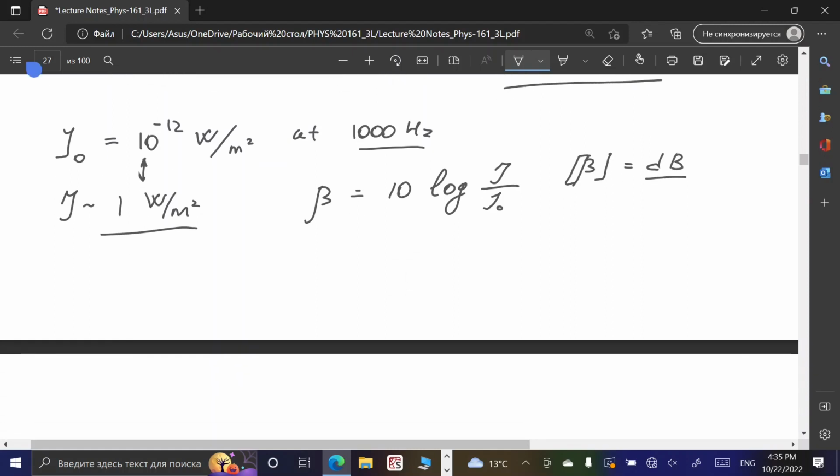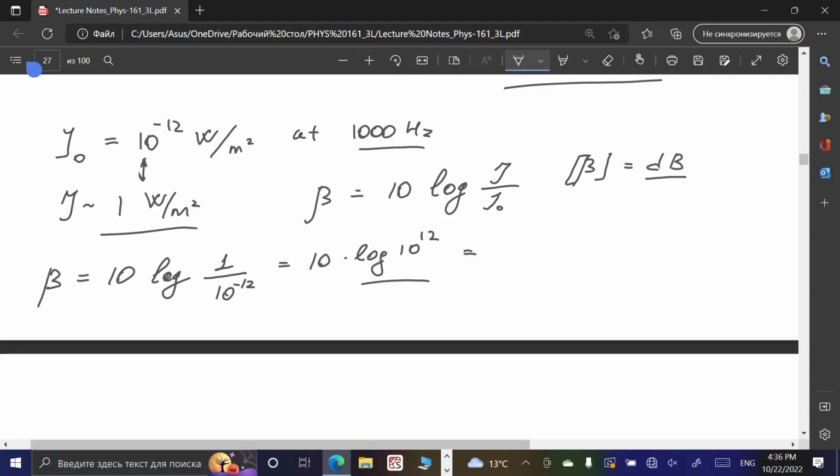So let us consider what we get here when we deal with these numbers. Sound level for this already painful sound intensity will be 10 times decimal log of 1 over 10 to minus 12, and that will be 10 times decimal log of 10 to 12. So what will this be?